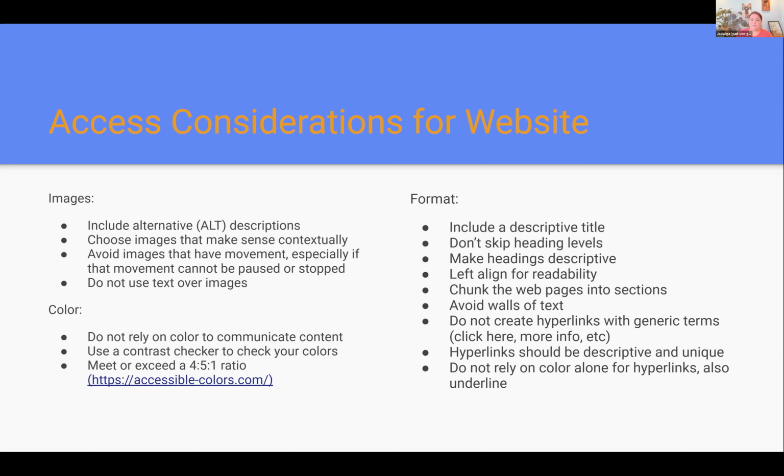And so the idea is instead of utilizing those, we put actually what the title of it is. Hyperlinks should be descriptive and unique. Again, you don't want to repeat them. You want each hyperlink on a page to have a separate term that's assigned to it. And again, do not rely on color alone for hyperlinks.